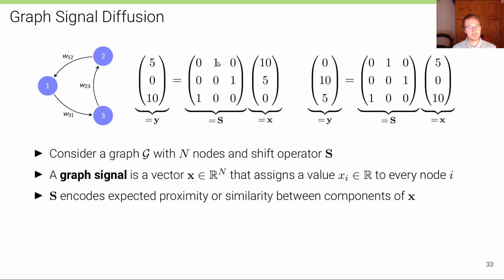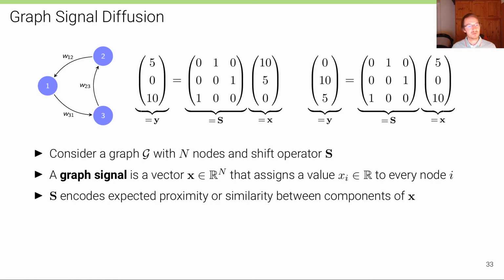So the shift operator has element 1 at the first row and the second column, because we have this edge 1, 2 here, where 2 has an influence on 1, and so on. So we consider this graph G with n nodes that is represented mathematically through its shift operator S.